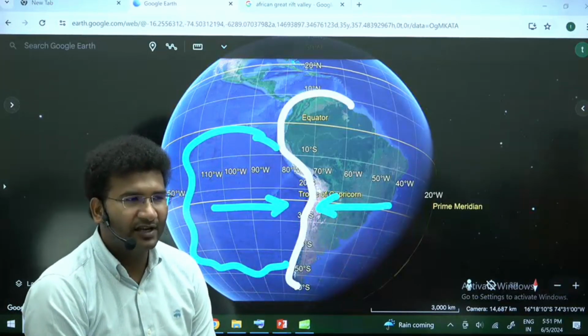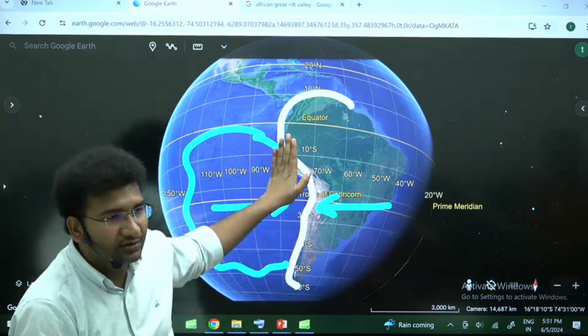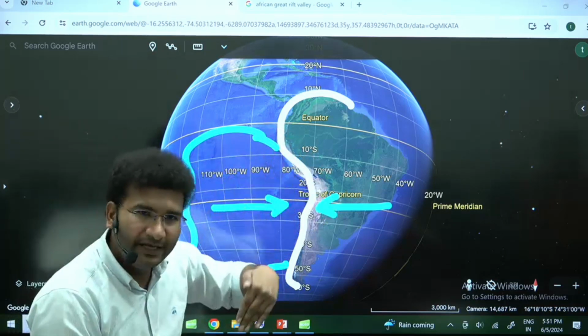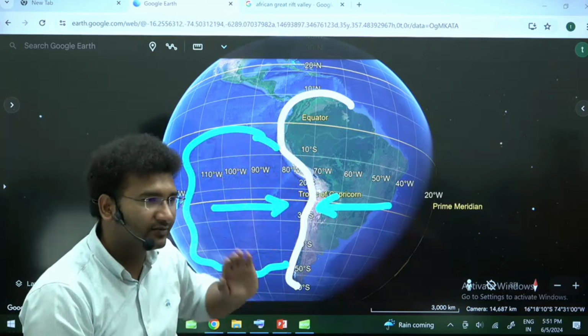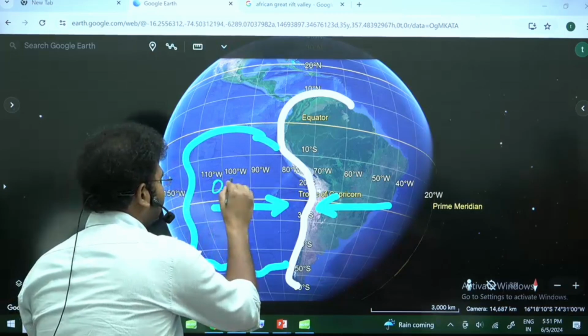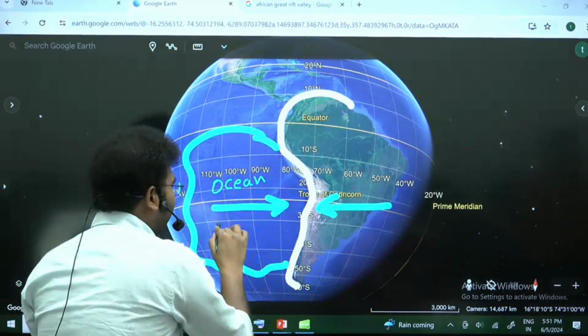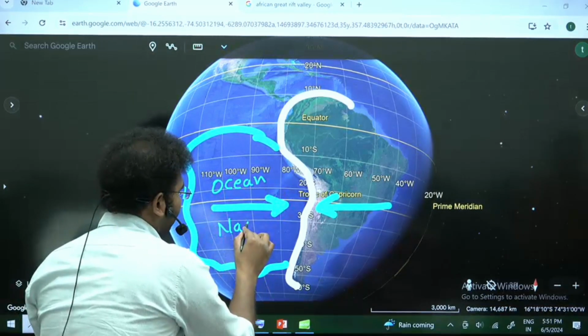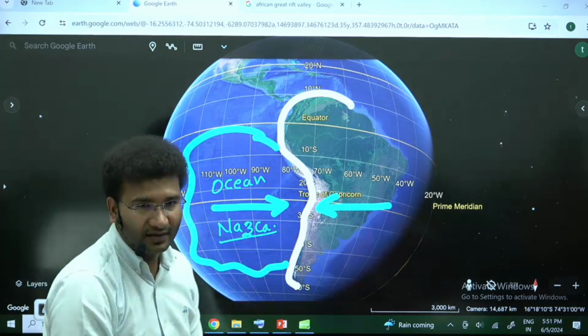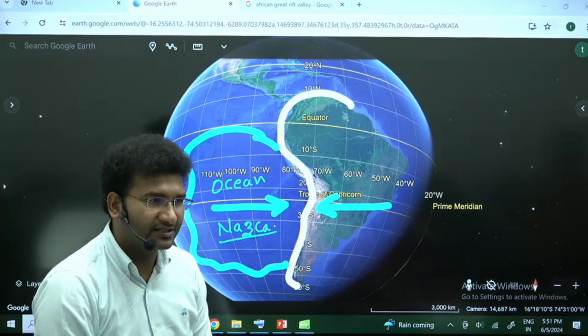Trenches will also be there. I did not explain trenches, but I told you there can be a formation of mountains. Now, which plate will go beneath? Which one will sink? This is the ocean plate, and the name of this plate is Nazca. Okay? This ocean plate name is Nazca plate.